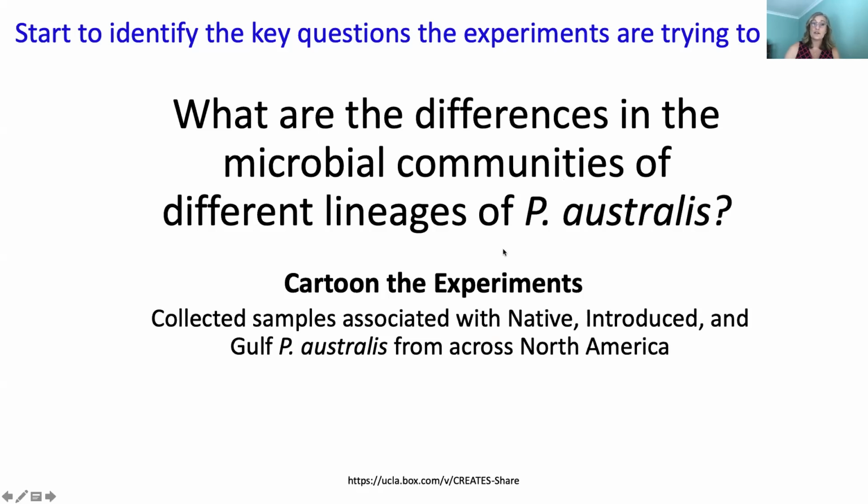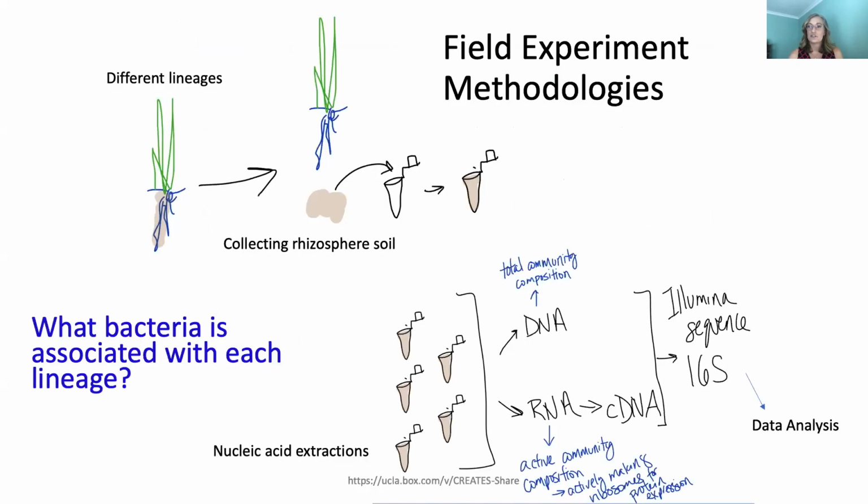All right, so these samples were all collected, and then here's some additional methodologies. So if our question is what bacteria is associated with different lineages, you might have example of the plant, collecting the soil, extracting the nucleic acid from the soil to get the microbial community and doing data analysis with that.